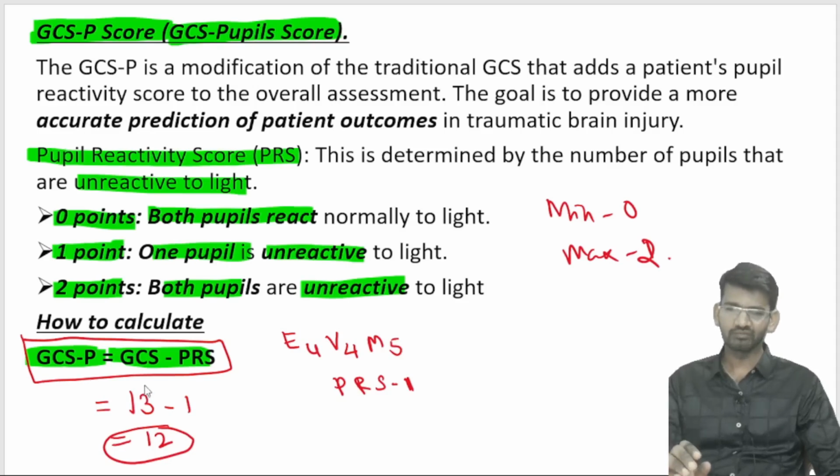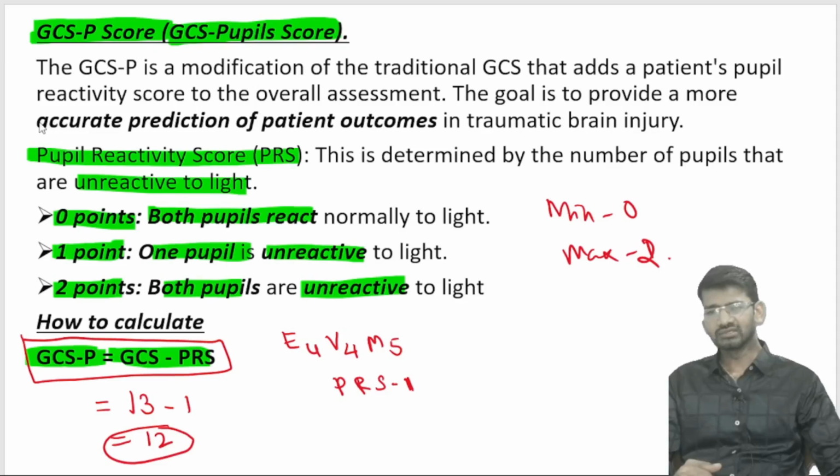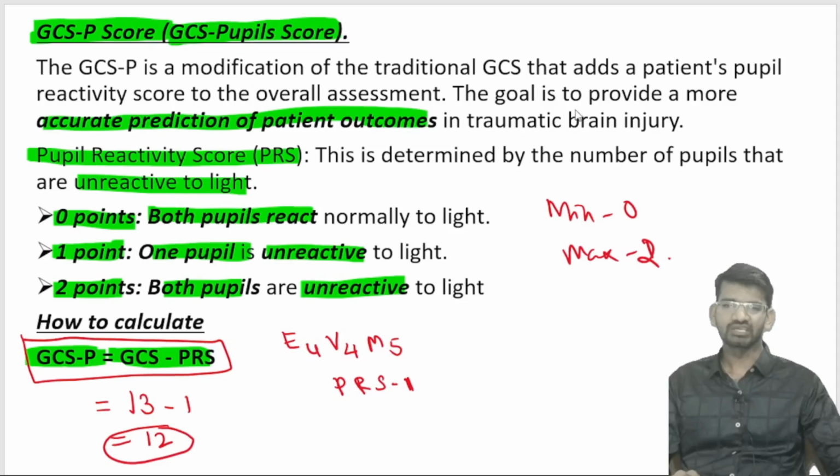If it is more than 12 or 13, up to 15, then we can consider the patient's outcome or prognosis to be better. A lower score means the outcome is very poor. So the GCS-P score gives a more accurate prediction of the patient's outcome, especially in traumatic brain injuries.